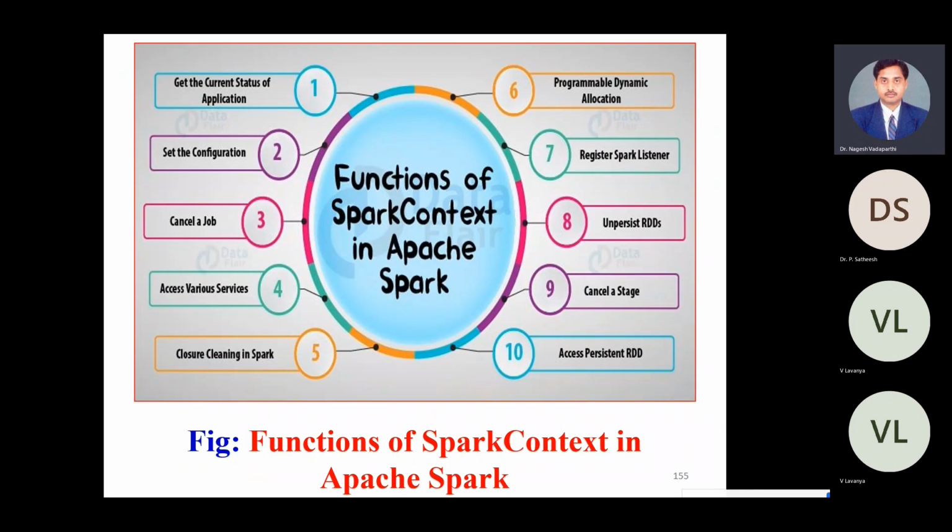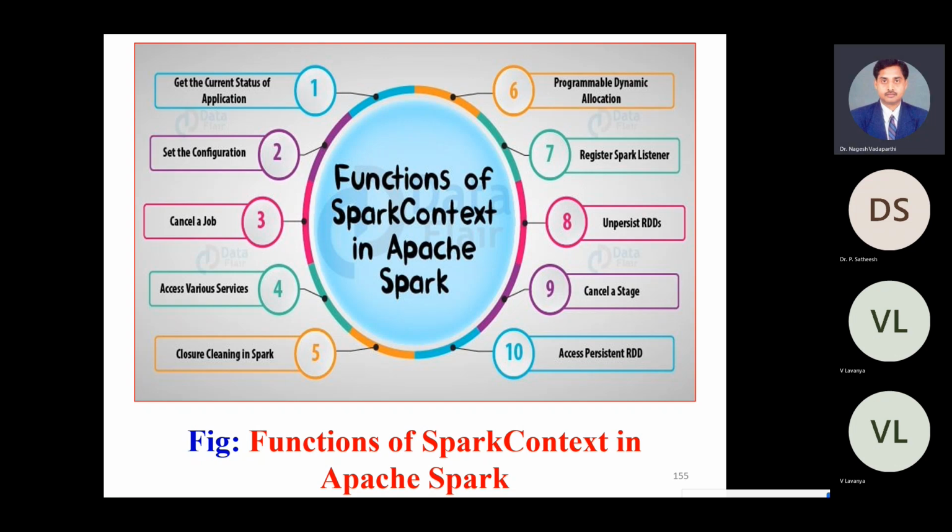Functions of Spark context in Apache Spark: what are the functions it is going to perform? The first one is to get the current status of the application. Can anyone explain how many functions we are using in Spark context?